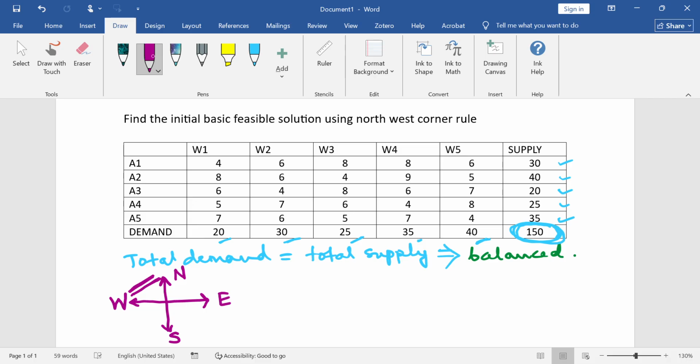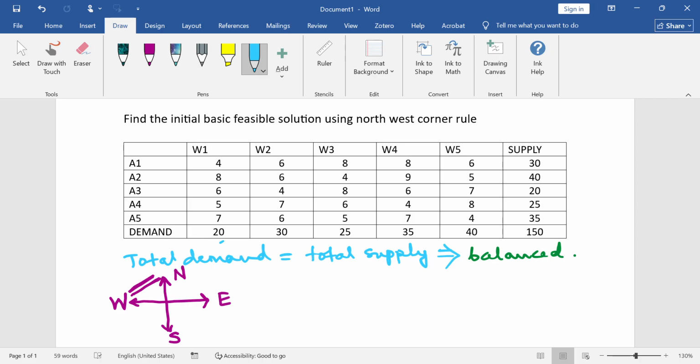So basically, in this matrix, if we were to fix this up in the way of directions, then the northwest corner will be this one. This is the one that we are going to start with for making our allocations. Okay, so let me just clear out some of these markings and then we'll get going.